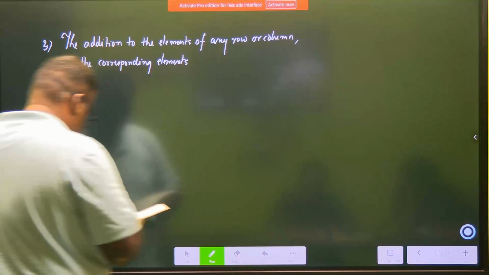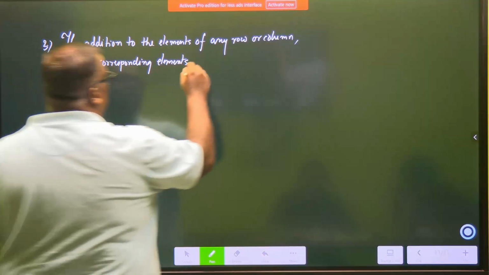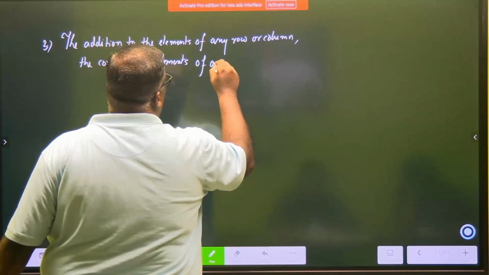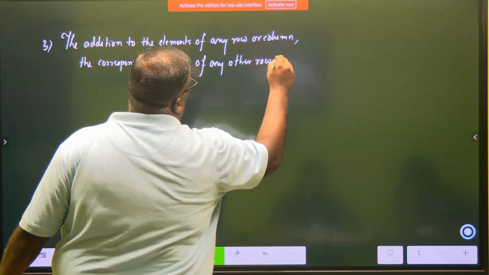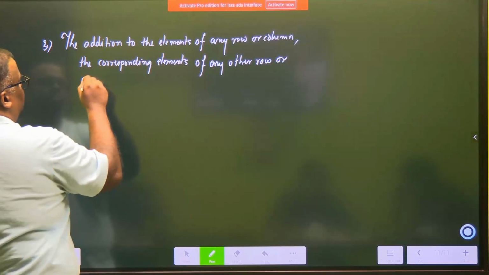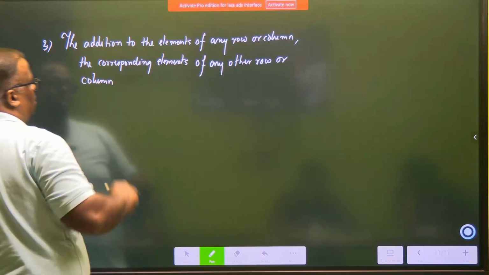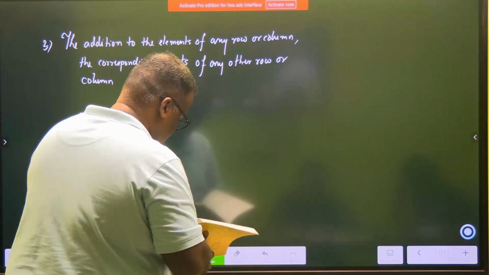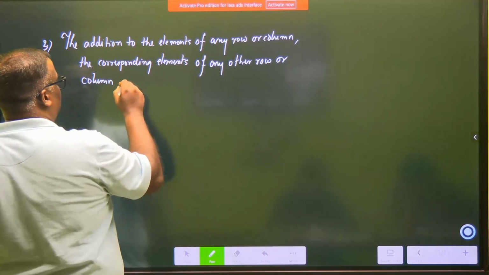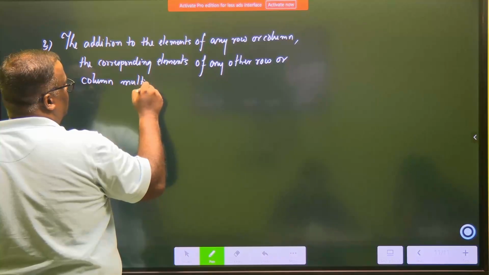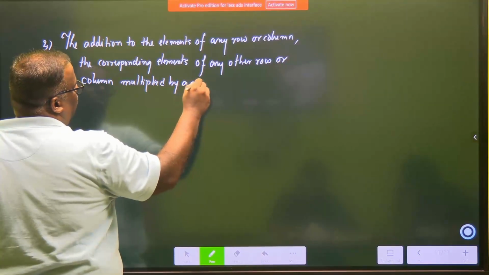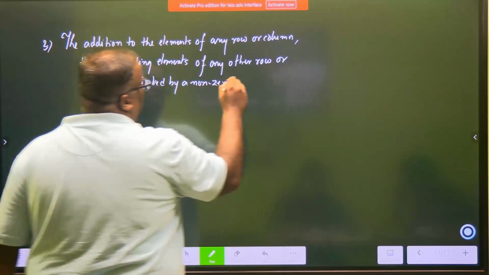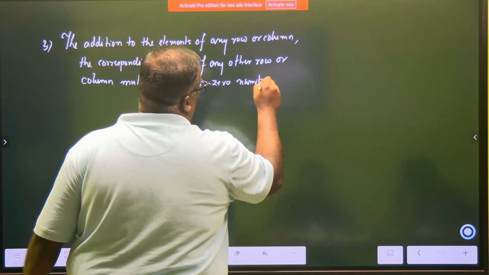The elements of any other row or column multiplied by a non-zero number.